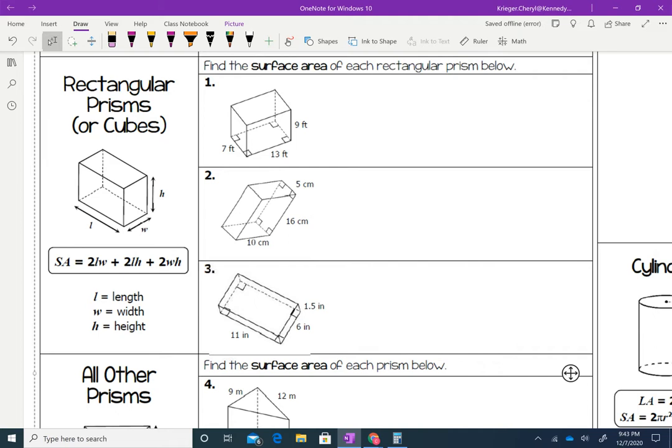So you're going to find the area of each side of this rectangular prism and add them. Okay, so I'll go ahead and use the formula that they give us. Okay, so they say the surface area is 2 times length times width plus 2 times length times height plus 2 times width times height.